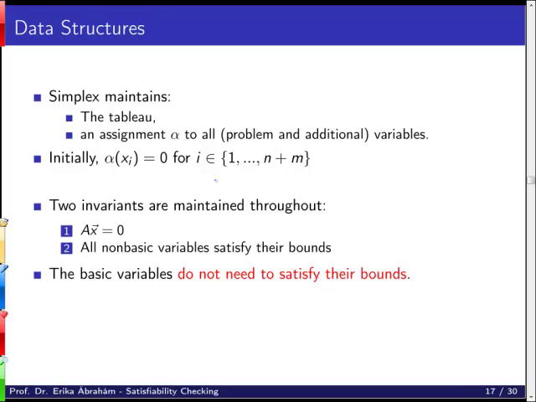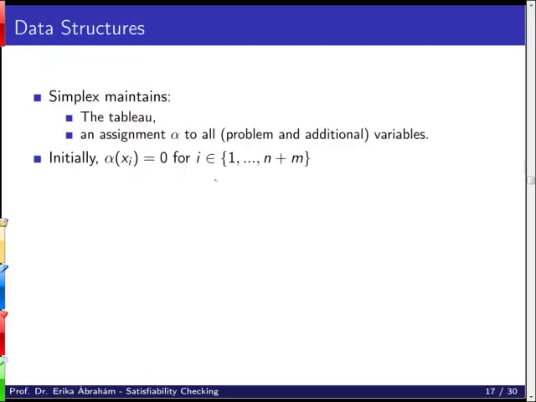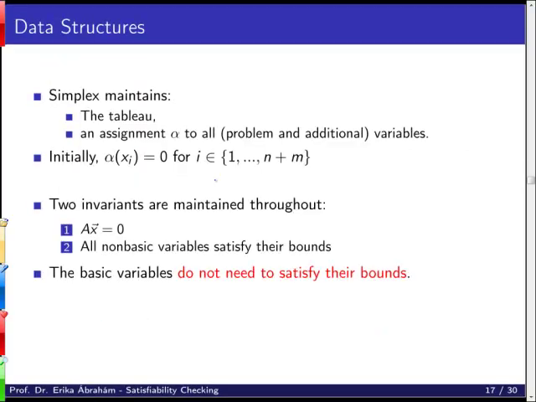That's why if I modify the value of a basic variable here, then I also must change some of the values of the non-basic variables such that these equations still hold. So this is the first invariant. And the second is that all non-basic variables satisfy their bounds. So if I change the value of a non-basic variable and thereby it might violate its bounds, then I have to remove it.